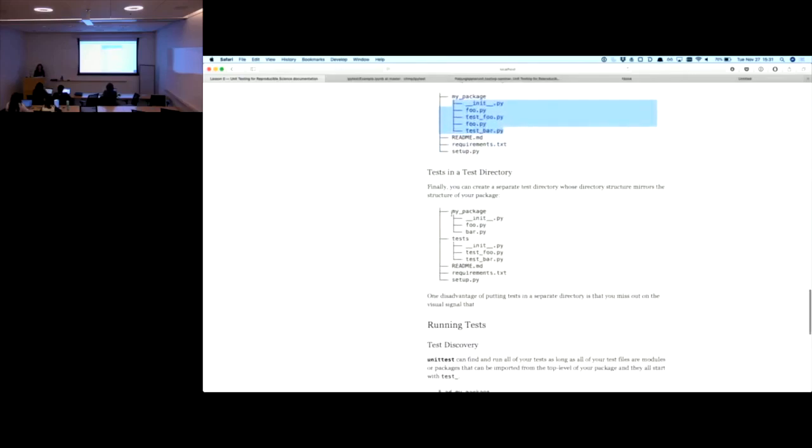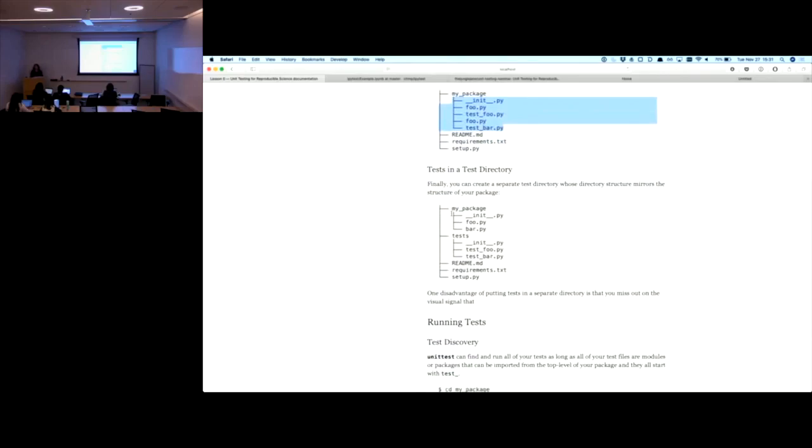And so it's generally considered best practice to put your tests into a separate tests directory at the top level of your package. To help you keep things organized, you can have that test directory have the same structure as your package directory. So if there was nesting, we would have the same levels of nesting in our test directory, so that it's very easy when you're looking at a tree of your project.